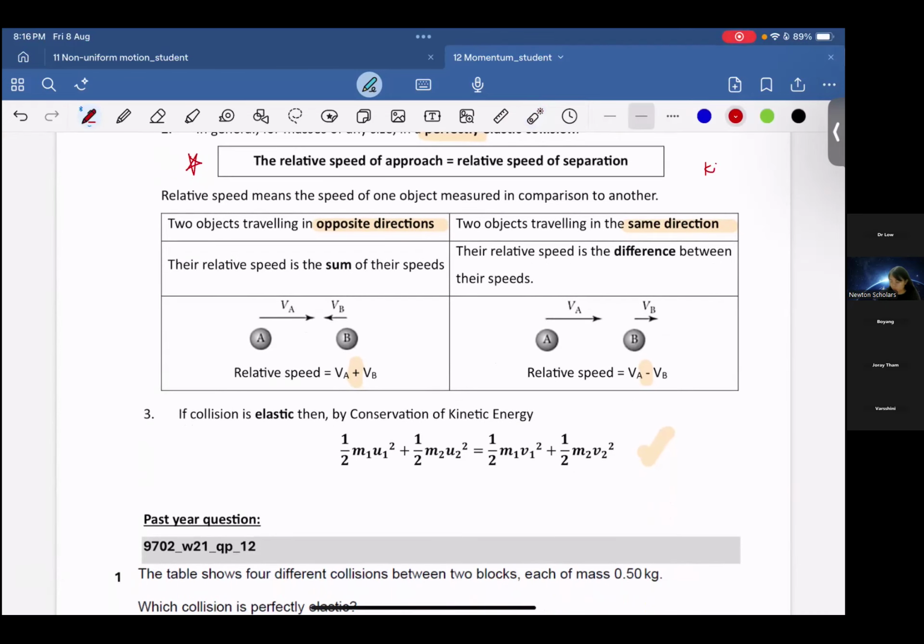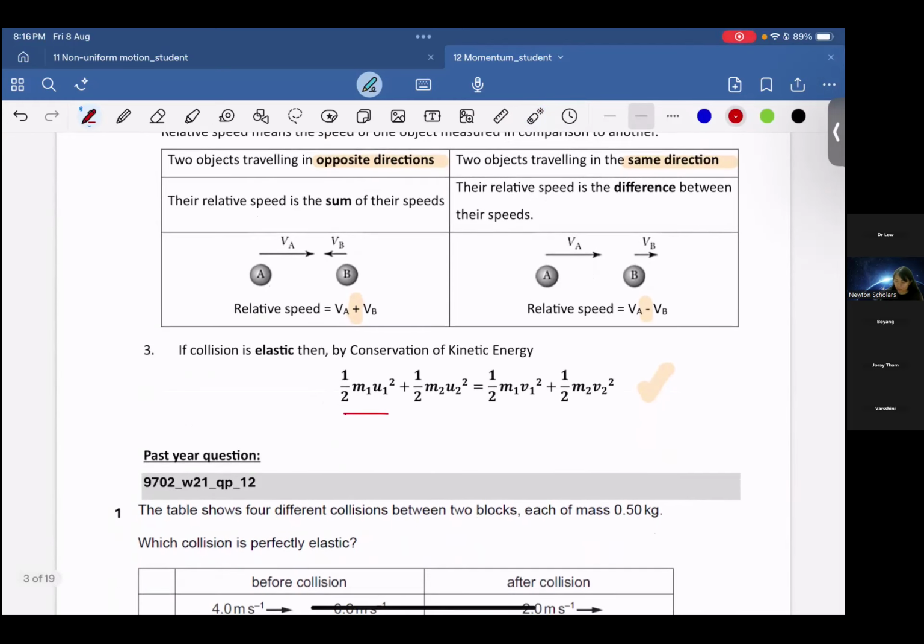The general formula for kinetic energy is 1/2 mv squared. So this one is the kinetic energy for object 1 and object 2 before the collision, and this one is the kinetic energy for object 1 and object 2 after the collision.